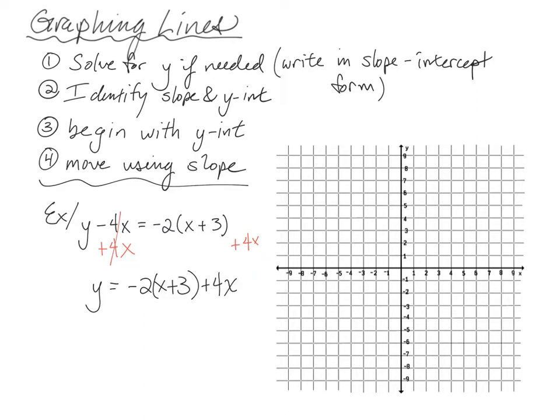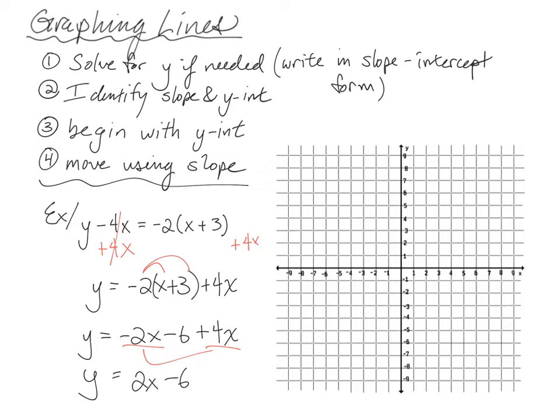But that is not a graphable version of this line, so we would also have to get this in slope-intercept form, which would be y equals negative 2x minus 6 plus 4x. And we could combine these terms, the negative 2x and the 4x, to get 2x minus 6 equals y.